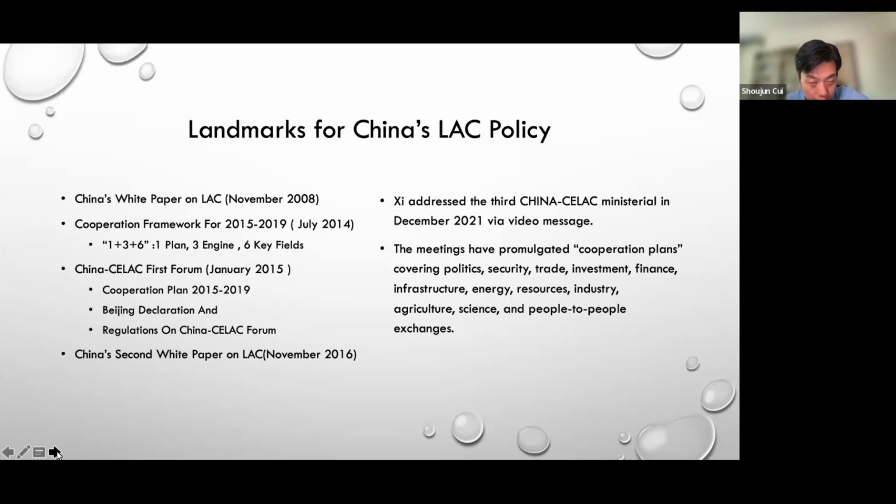And in 2014, China came out with a China-Latin America cooperation framework, which pinpointed the 1+3+6. That means 1 central plan and 3 engines: trade, investment, and infrastructure cooperation. It also pinpointed 6 key fields for cooperation.